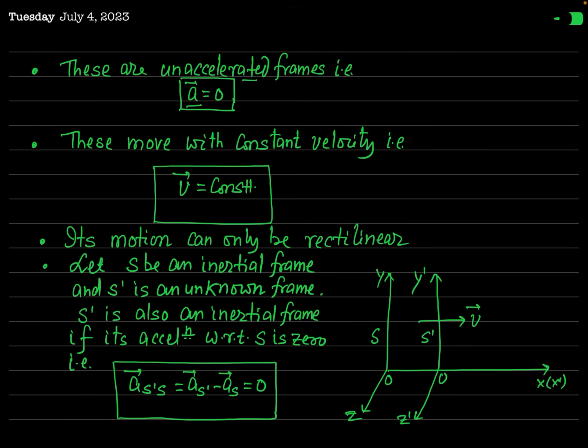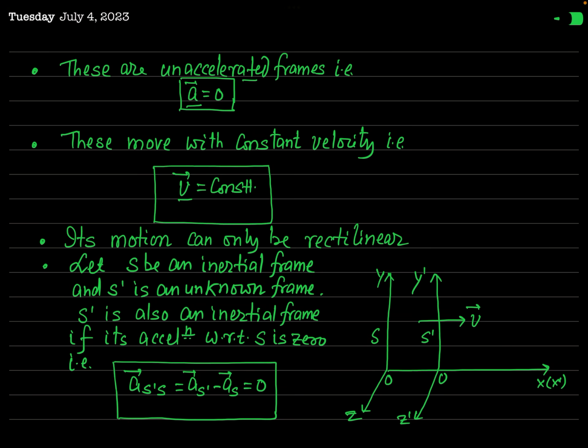These frames are in motion but with constant velocity, not with acceleration. So I have written here that these frames move with constant velocity, or it may be at rest. So all frames which are either at rest or in motion with constant velocity are inertial frames.